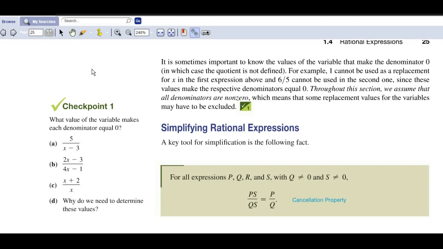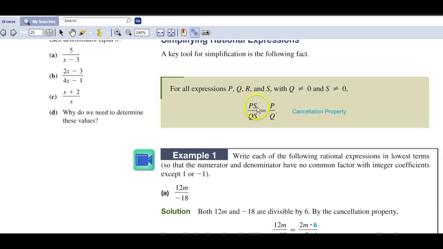So we go on to simplifying rational expressions. And basically what we're doing here is to see if we have any factors in our particular expression that are the same, so we can cancel these factors out.